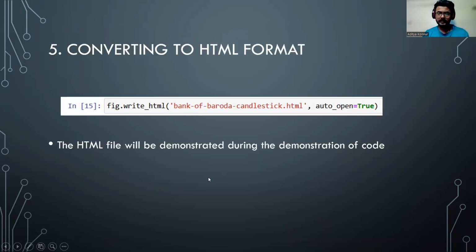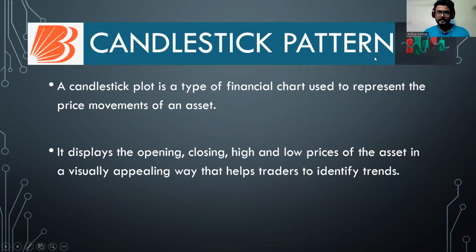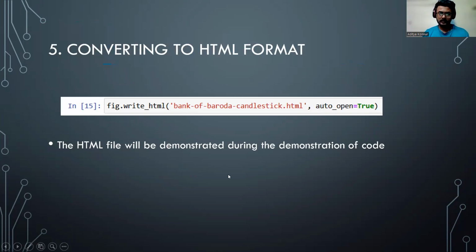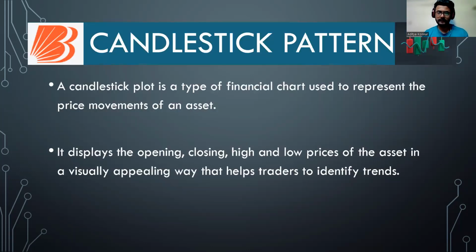Then converting that plot to an interactive HTML file, we do it using write_html, and the file name we want to give. The HTML file will be demonstrated during the demonstration of code itself.